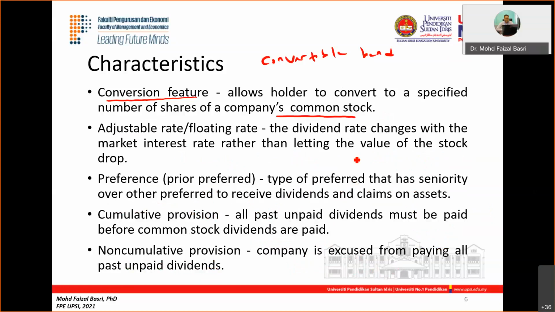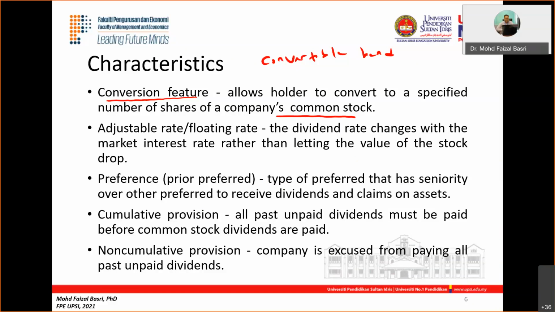Maybe I want to talk about the provisions, cumulative and non-cumulative. Remember, when we talk about bonds, the payment of coupons is mandatory, compulsory. As a company issuing bonds, you have to pay your coupon to the bondholders every year without fail.